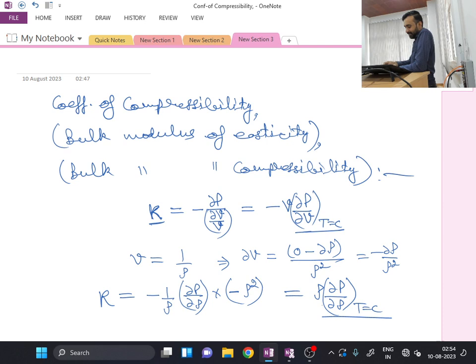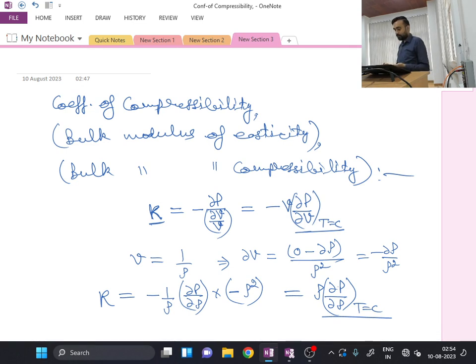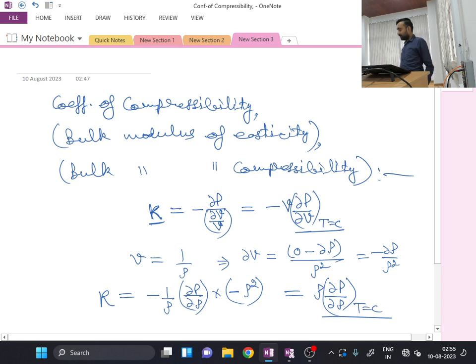On the contrary, in the case of density, it automatically comes out positive, because if you increase the pressure, volume decreases but density increases, so delta P is also positive. Now this is something I have written in the form of a differential equation.